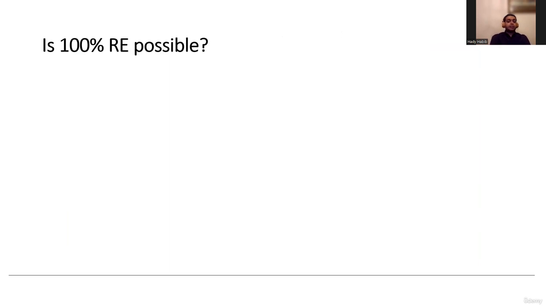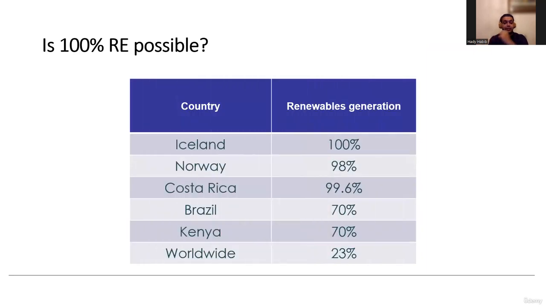And this puts us in a question: is 100% renewable energy something possible or not? Before answering this question by yes or no, let us have a quick view on the renewable penetration level in electricity production in some countries.